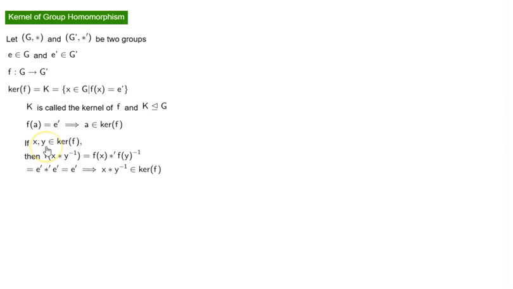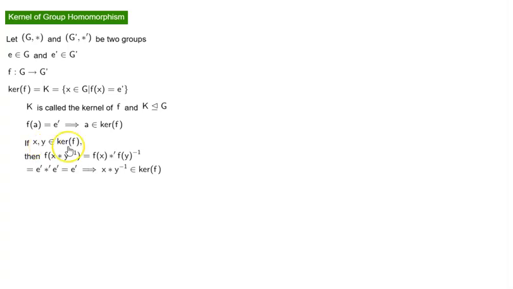If x and y both are in the kernel of f, then f of x times y inverse is equal to f of x times, this is the operation of the second group, f of y inverse. f of x, because it is in the kernel, is equal to e prime, and f of y inverse is also in the kernel of f.